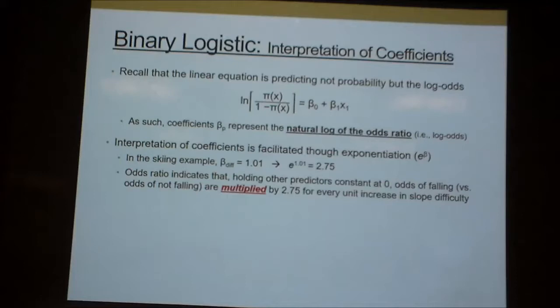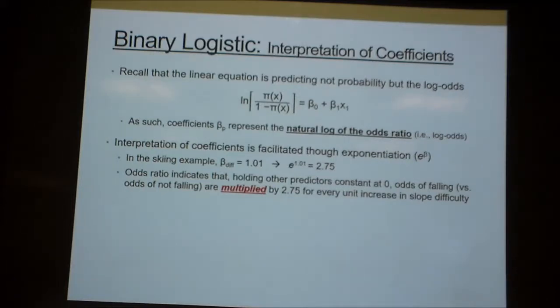What ends up happening, these are a power function. So if I went from 1 to 3, a 2-point change, what would the increase in my odds of falling versus not falling be for a 2-point change here? Times 2?